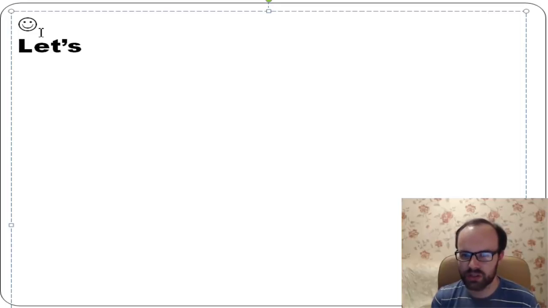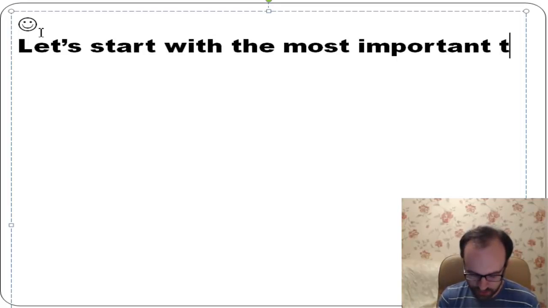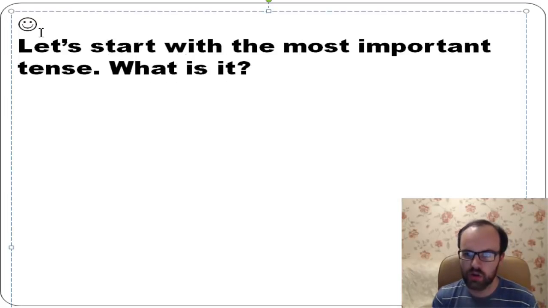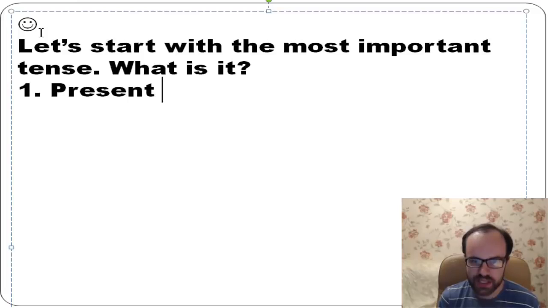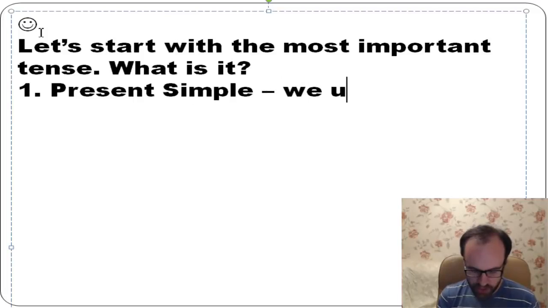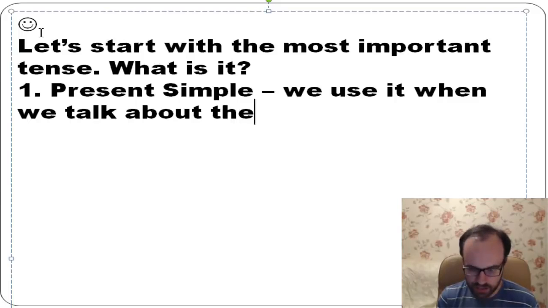Let's start with the most important tense. So what is it? I think it's present simple. It's the first tense. Please remember, present simple. We use it when we talk about the present.